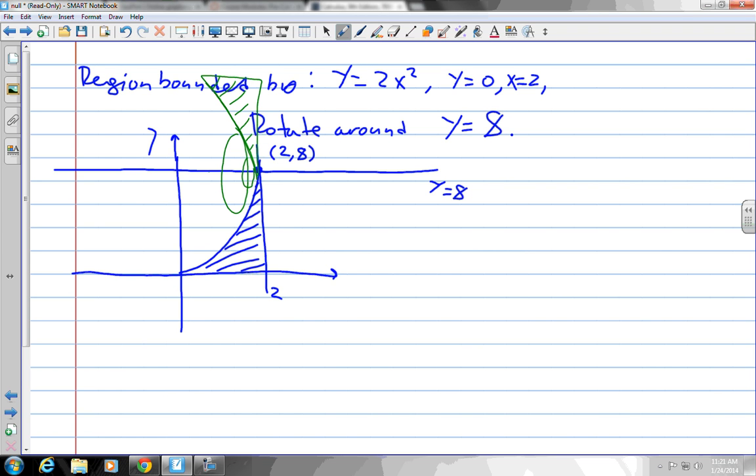Well, if you think about this, what is the outer radius of rotation here? What is going to be the size of that radius? Right? The outer radius is 8. So I can go, okay, so this is 8 squared minus the inner radius, which is this.